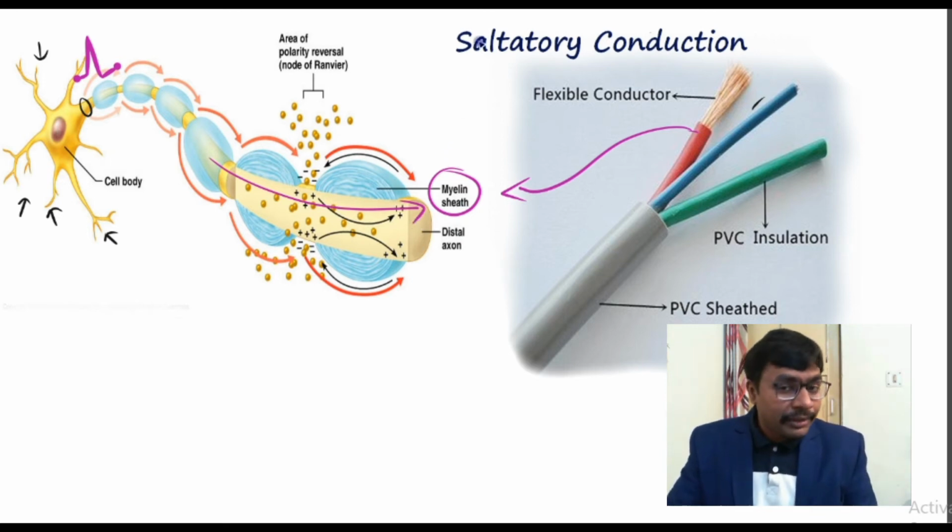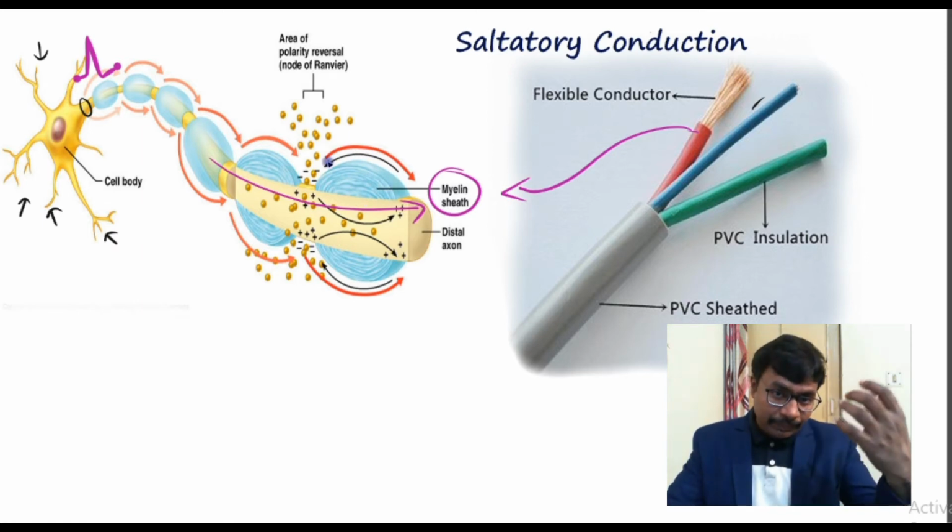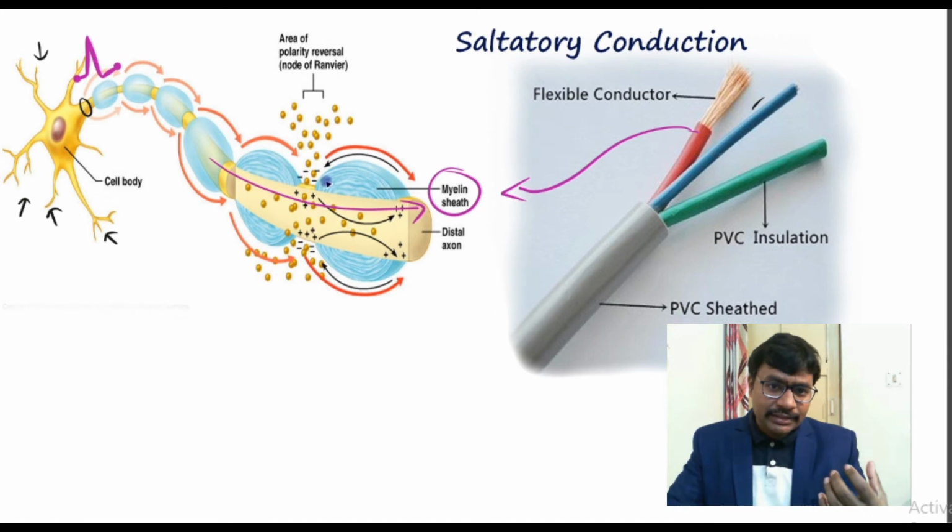Ultimately, this insulator prevents the ion passage, the potential exchange, across the cell membrane.